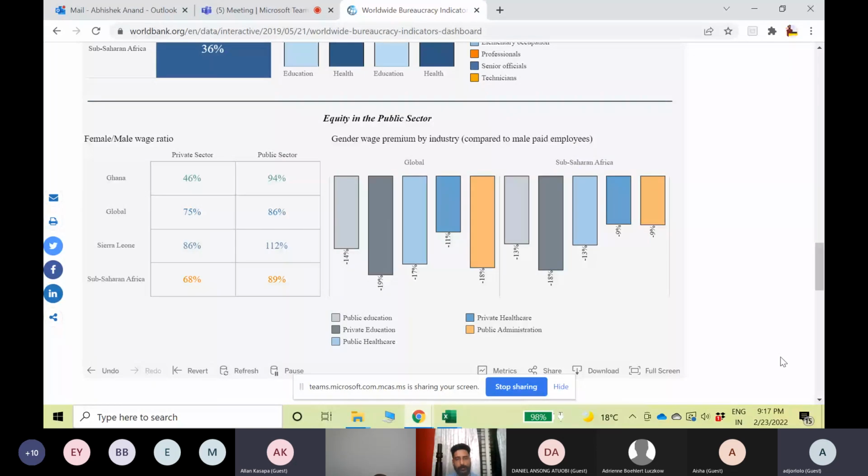So their salaries, in terms of the wages that they get, are a bit lower compared to their male counterparts in Ghana. Also, there are a lot of males who are entrepreneurs, so you largely find the males dominating in that area, and that could also be a reason.